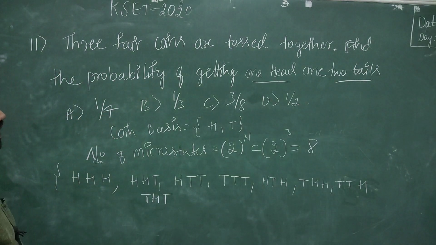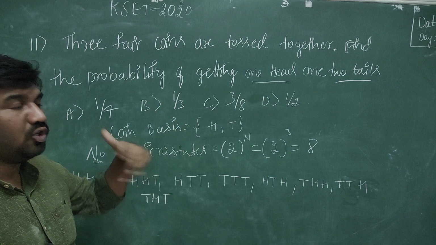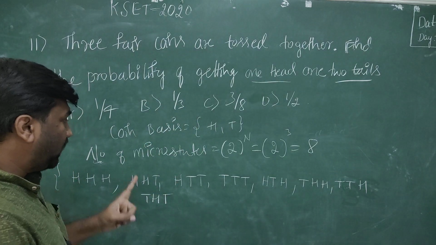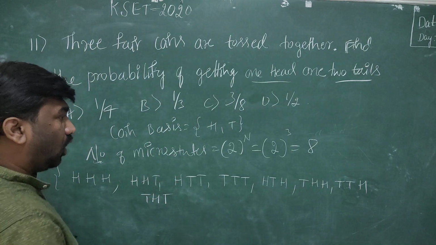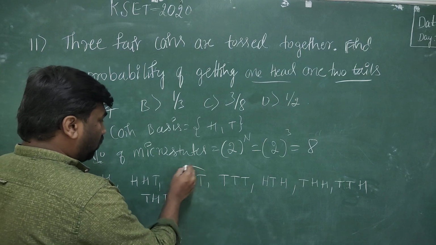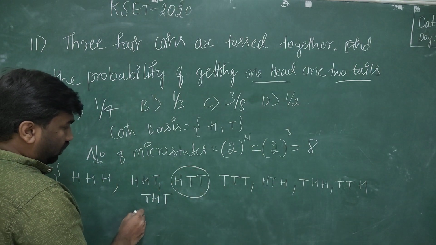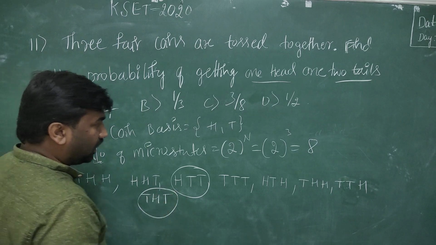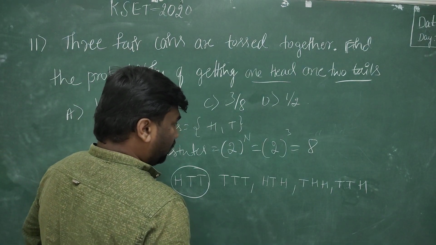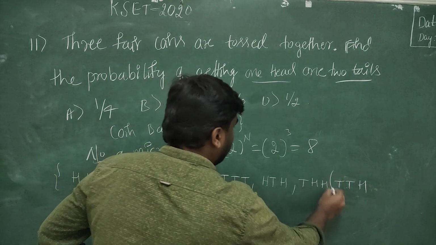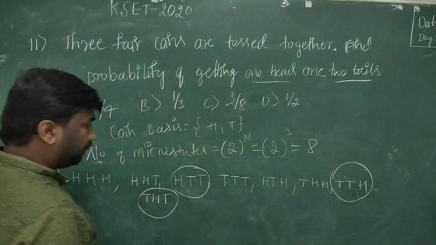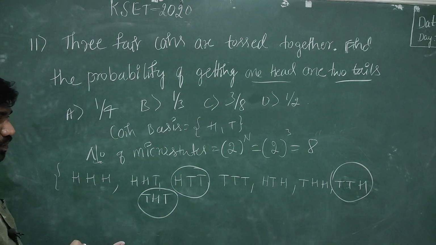In the question they have given 1 head and 2 tails. How many favorable outcomes are there? There are three such outcomes, each with 1 head and 2 tails. Is there any other option?